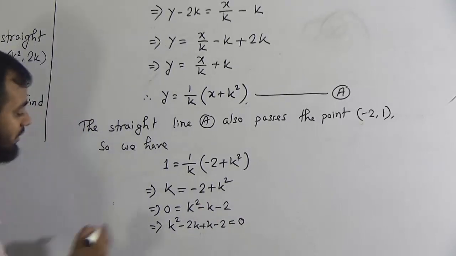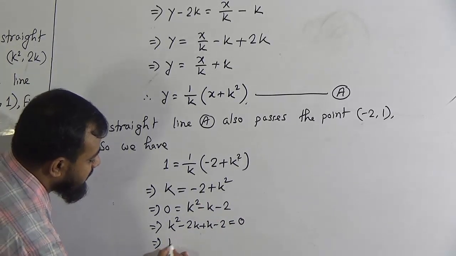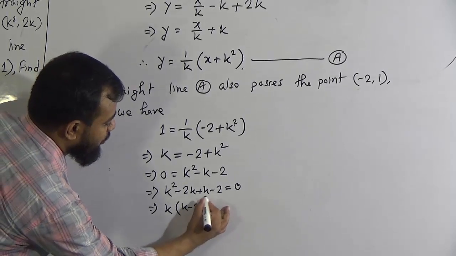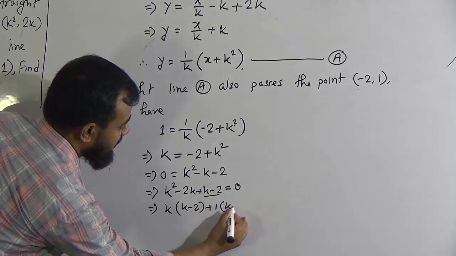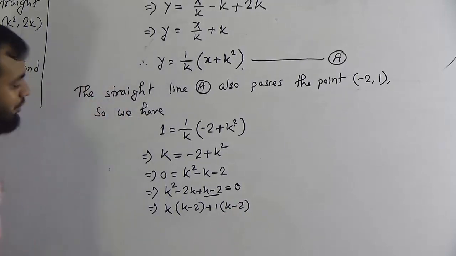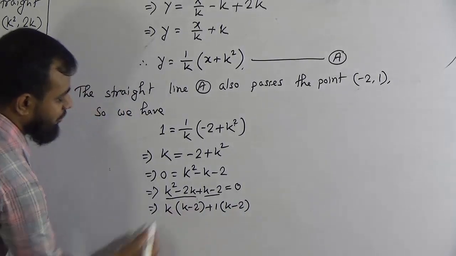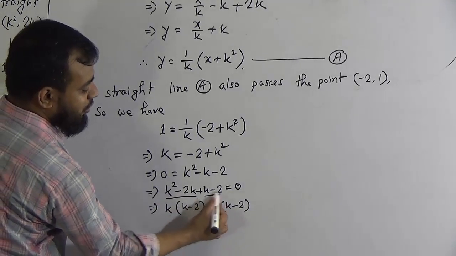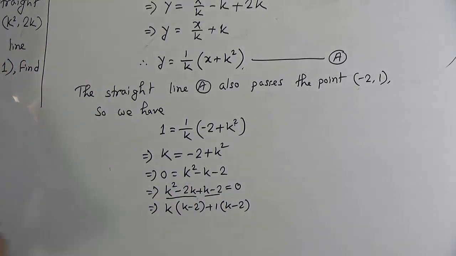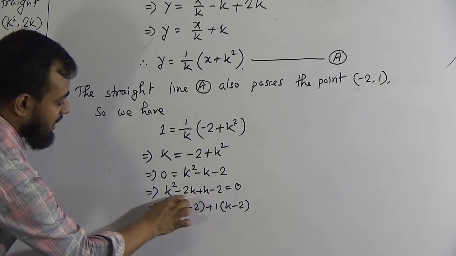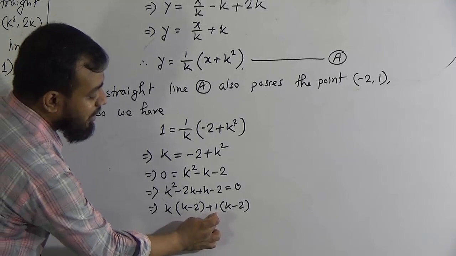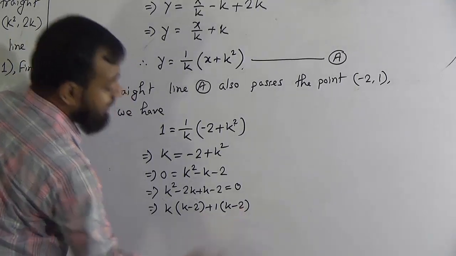Now my students, take k as common, we will have k minus 2 and plus 1 common from here, we will have k minus 2 again. We take k as common from the first two terms, and we have taken plus 1 as common from the last two terms. We will have k into k minus 2, and plus 1 into k minus 2.